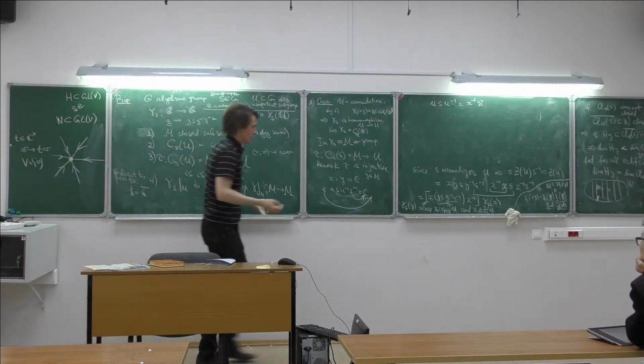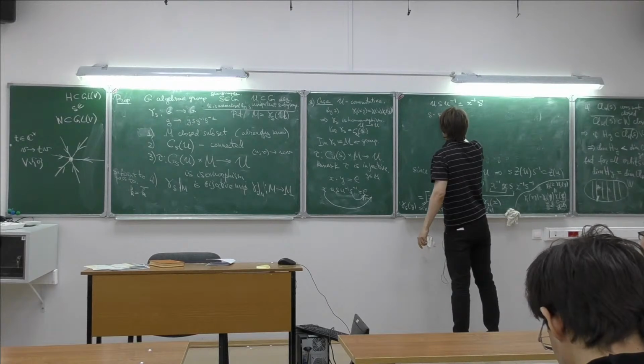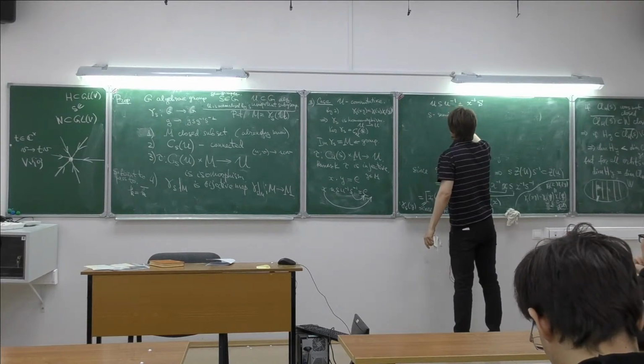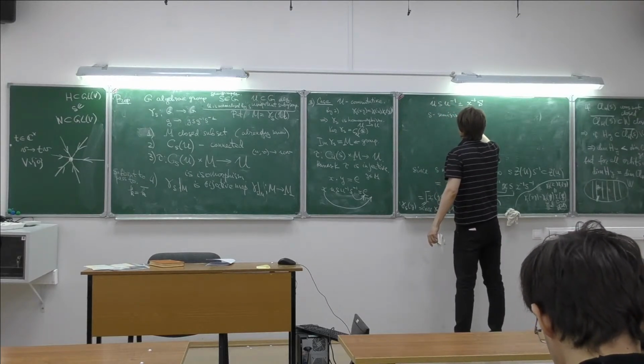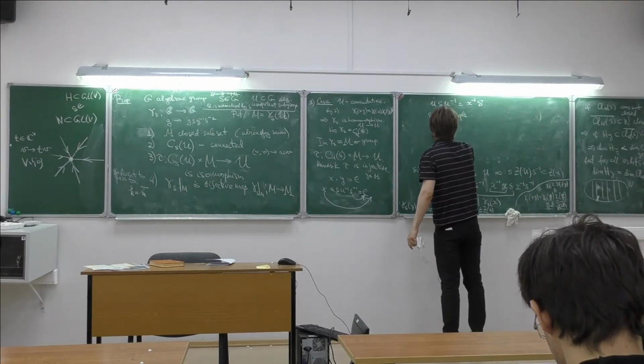And now the main point. S is semi-simple, then the conjugation of the semi-simple element is also semi-simple.